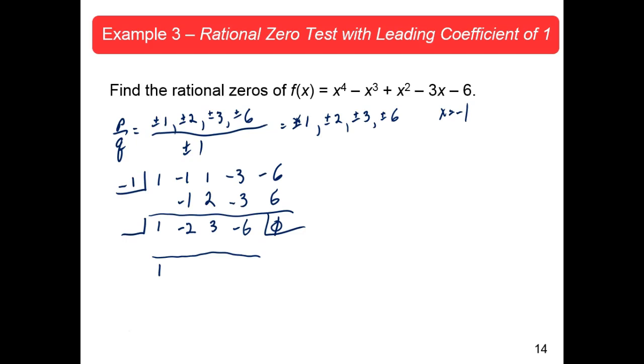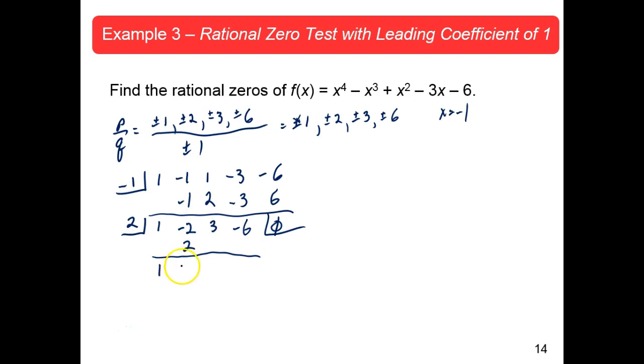So now that we've eliminated negative 1 from the second one, where do you want to go next? 2. Okay, let's try 2. And what do you do next? And what do you get? 2, and then 4. Oh, wait, sorry.